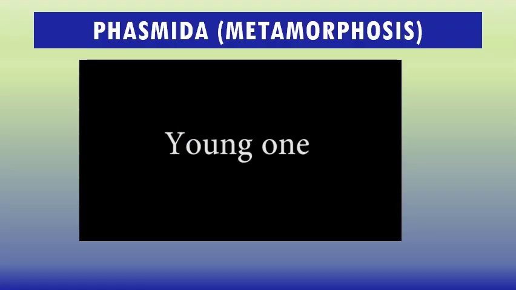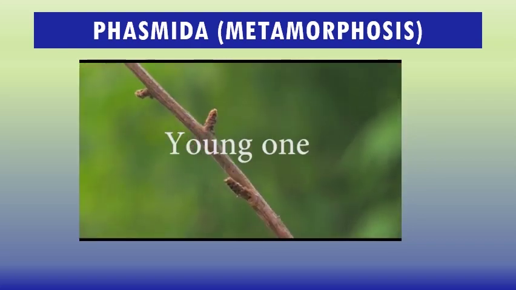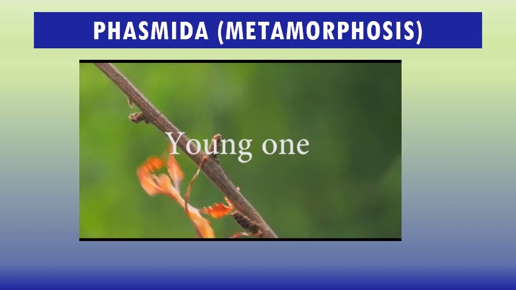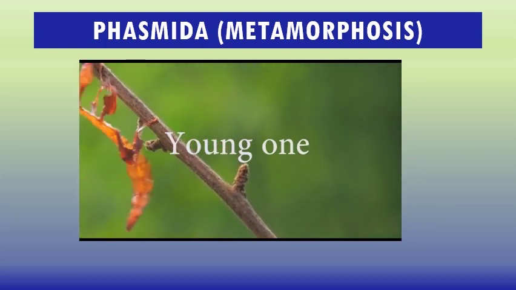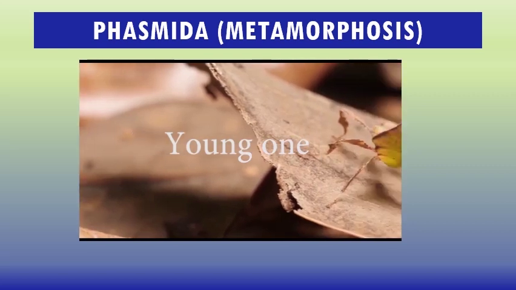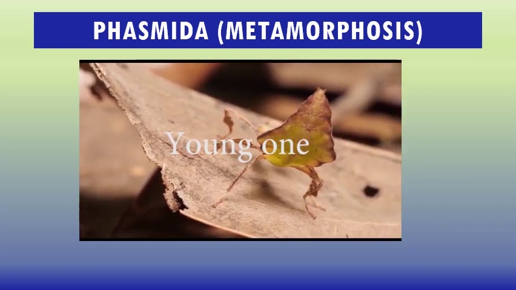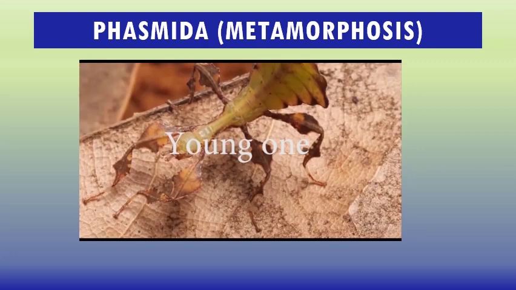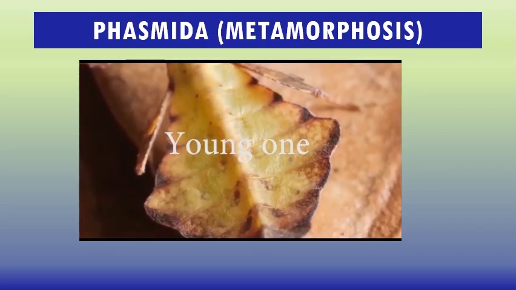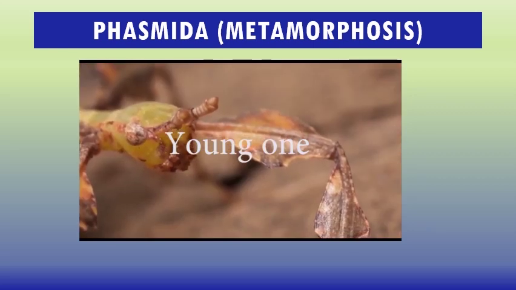Phasmida metamorphosis. They have a hemimetabolous life cycle with 3 stages: egg, nymph, and adult. Many phasmids are parthenogenetic, as we earlier discussed, and do not require fertilized eggs for female offspring to be produced. In hotter climates, they may breed all year round.